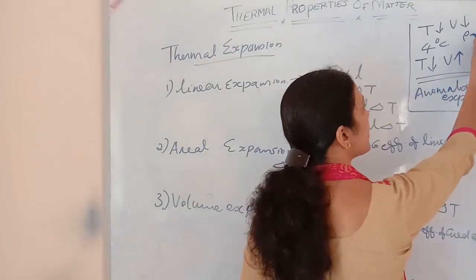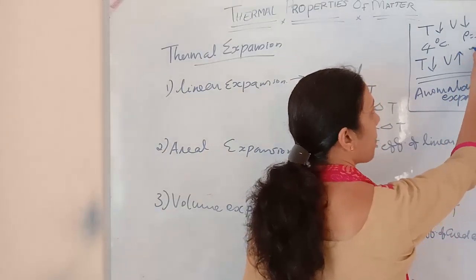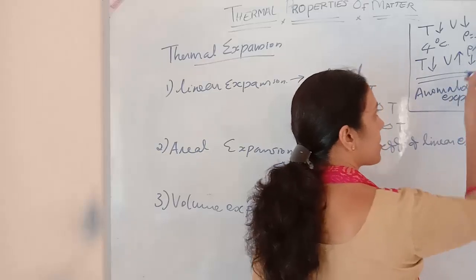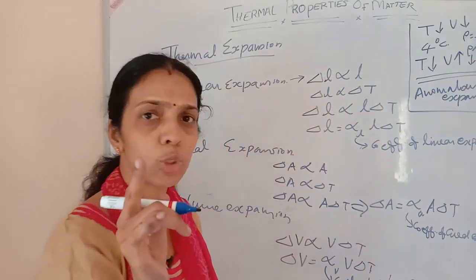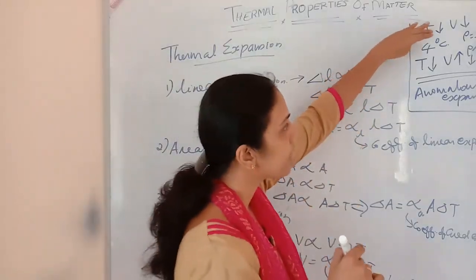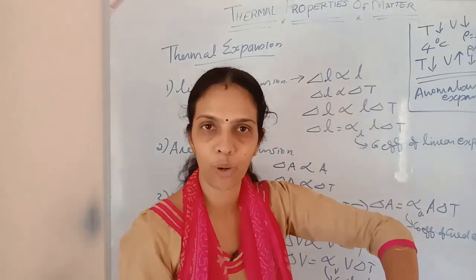We know that density equals mass by volume. As volume decreases, density will increase, and the denser water will come down. It does not reach the ice point yet, 0 degrees Celsius is the ice point. At 4 degrees Celsius itself, density is highest and it sinks.